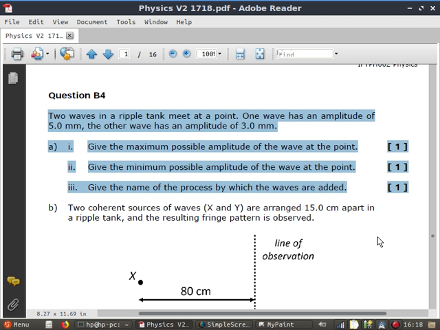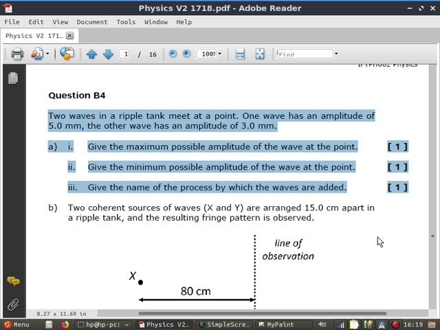One minute left. Five, four, three, two, one.